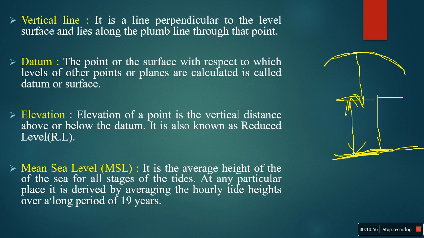So they observed for 19 years, then we came to know the height of the sea from the bottom of the sea, which is called the mean sea level. So in the construction of buildings, maybe PWD, government buildings or any railway line, they take the reference level from the mean sea level, because it is a leveled surface. In India, the sea level at Mumbai is the reference level for all over India.